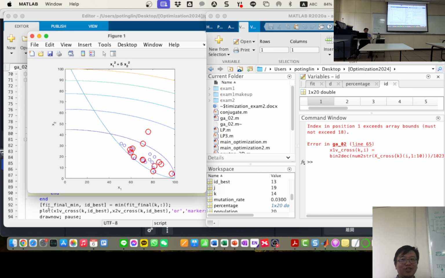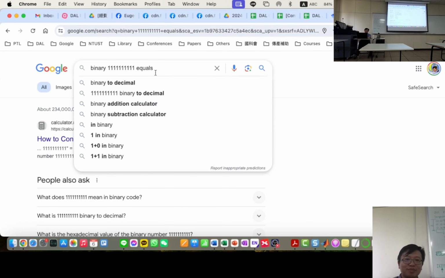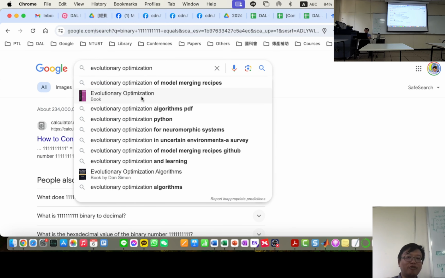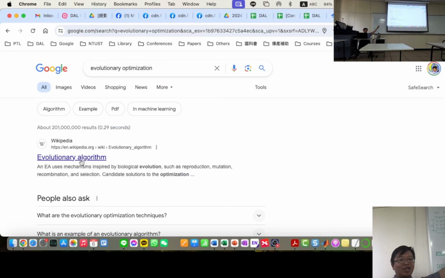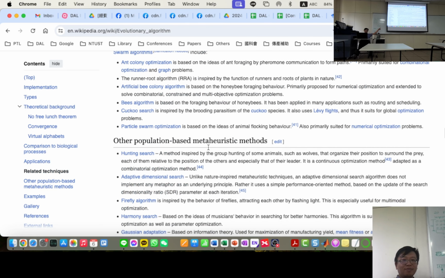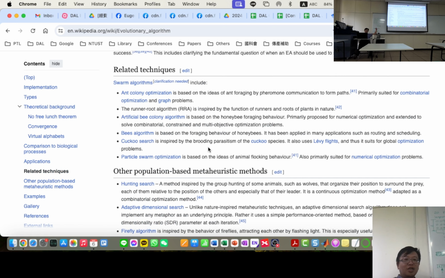evolutionary design optimization. And if you Google evolutionary optimization, there's even a Wikipedia page on this. And if you go in, you will see there should be a list over here. Ant colony, artificial bee colony, bees. You can see mathematicians try to use how nature behaves in mathematical problems.